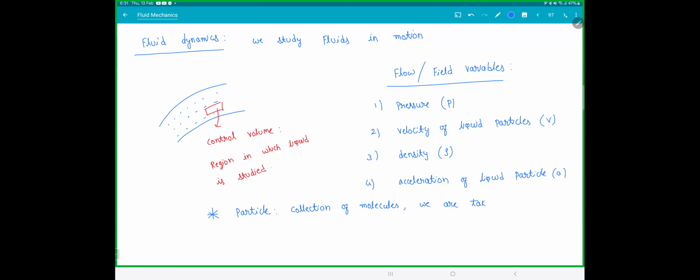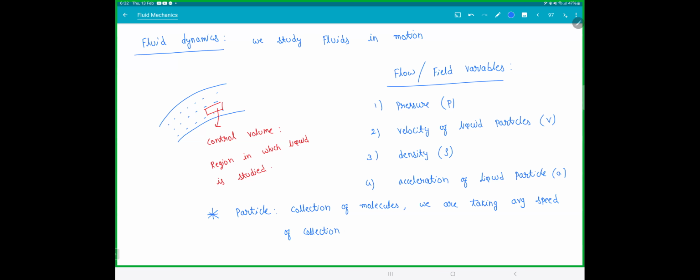And that's what we call the velocity of the liquid particles. So let's say you take a small space of 0.9 millimeter cube, and we say it's uniform everywhere. You're considering the average speed of all these molecules. That's what is called a collection of molecules.